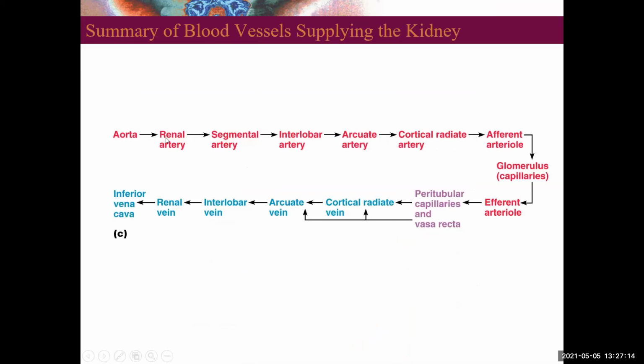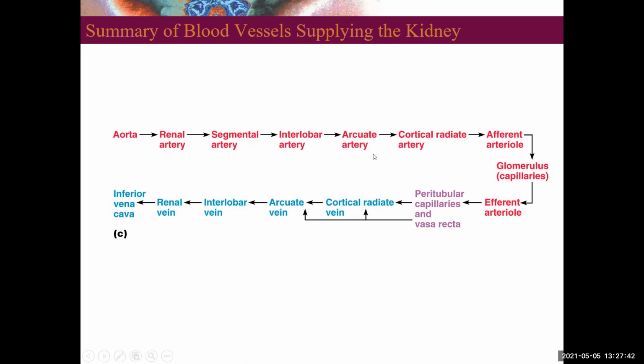The aorta branches into the renal artery, which passes through the hilum and becomes the segmental artery. The segmental artery branches further and becomes the interlobar artery, which runs through the column of the kidney, then arches around the base of the pyramid, and that is the arcuate artery.